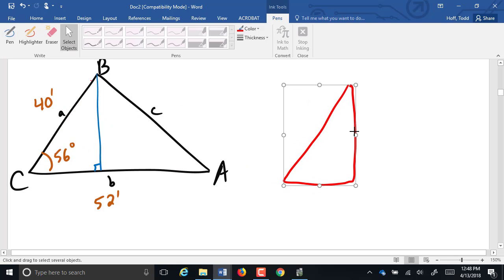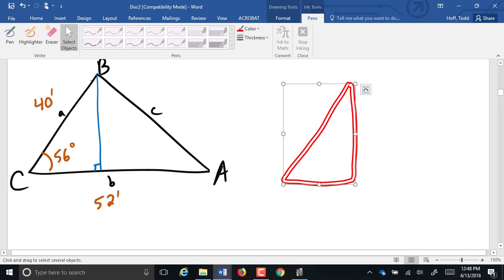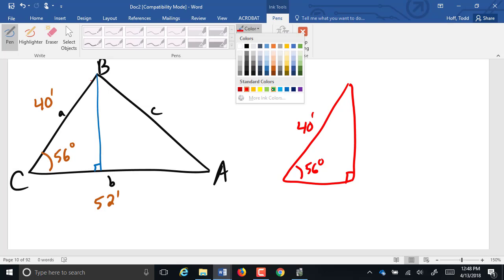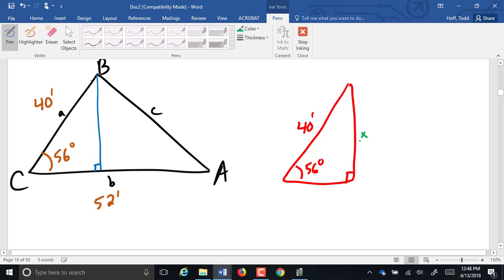What we know about that right triangle, obviously this is the right angle, we know this angle is 56 degrees and this is 40 feet. How would I find the length of this side here?